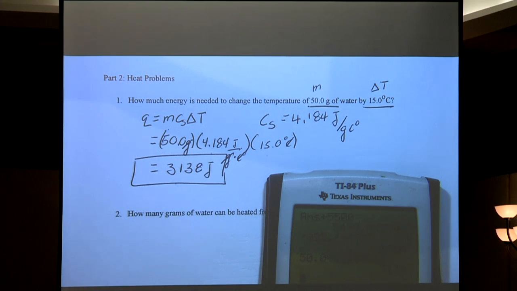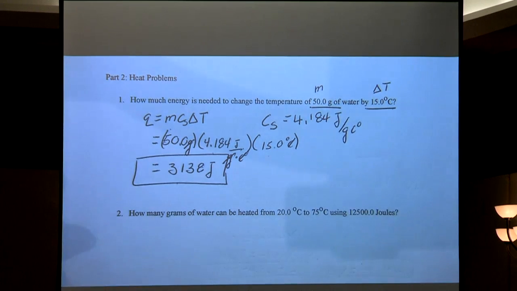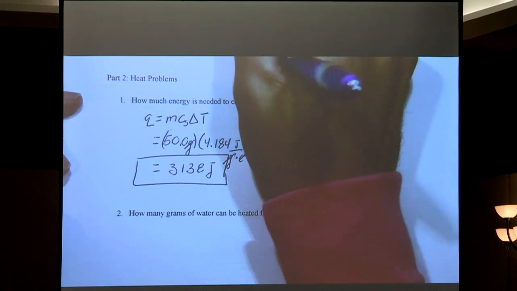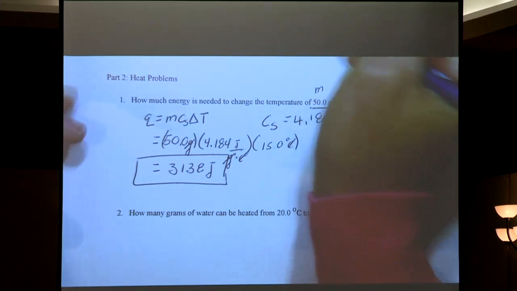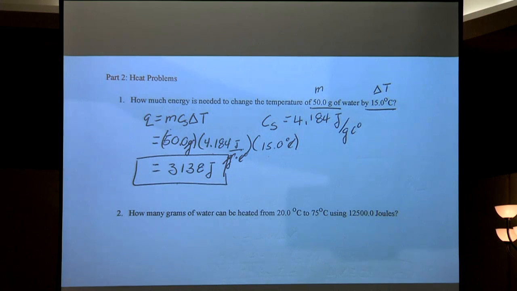Yes. So he's going to provide you with specific heats. However, I always suggest you know the one for water. And we'll illustrate that now. What if I wanted this joules number in calories? Okay, I want to convert joules to calories. Little calories for now. What's the conversion factor for joules to calories?